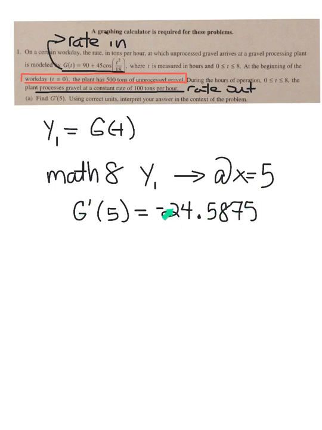So what are the units that need to go at the end of this? If G's original units are in tons per hour, what would be its derivative's units? Okay, so that would be tons per hour squared.